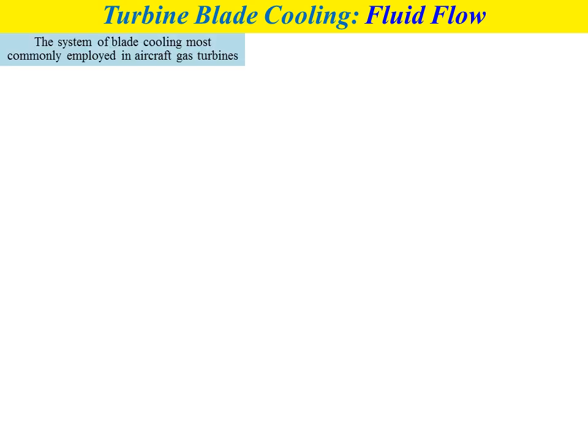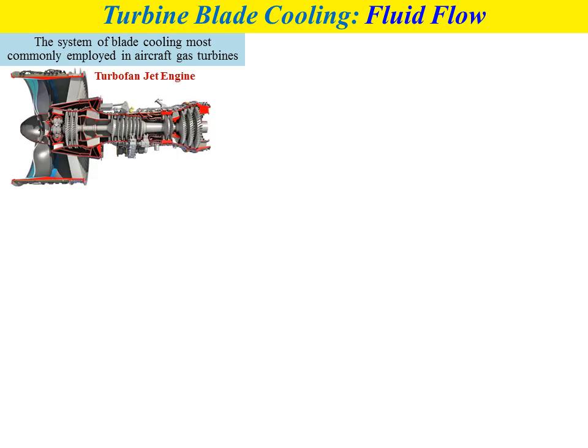Turbine blade cooling in terms of fluid flow. In this slide we will learn how we can transfer the cooling air from the compressor to the turbine blades. This is the system of blade cooling most commonly employed in an aircraft gas turbine. The figure shows the cross section of a turbofan jet engine that consists of a low pressure compressor, high pressure compressor, high pressure turbine, and also low pressure turbine.